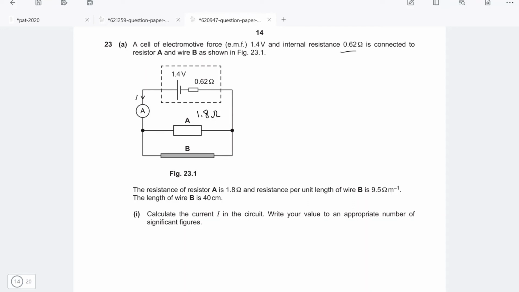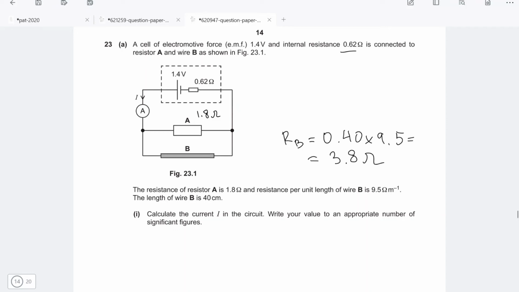The length of the wire is 40 centimeters, which is 0.4 meters. So this means that the value for the resistance of B will be equal to 0.40 times 9.5, which is of course going to equal, when we put that into a calculator, 3.8 ohms.